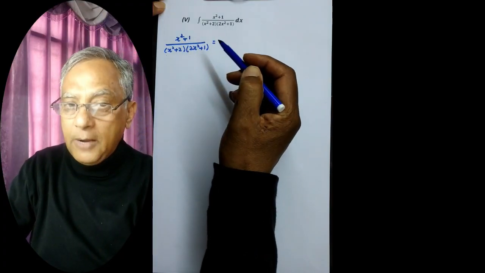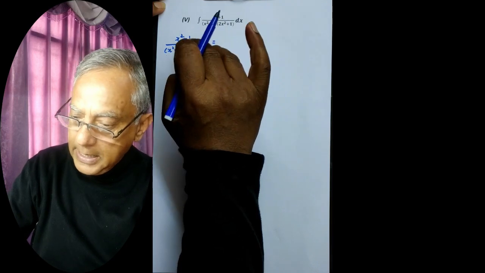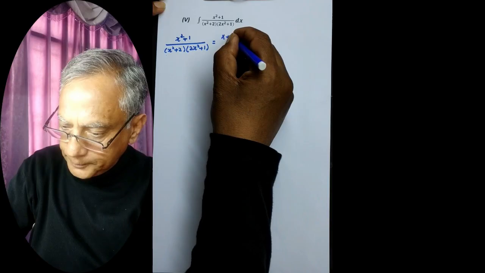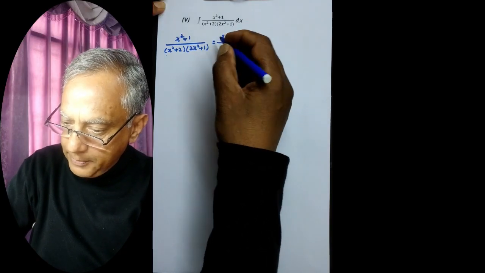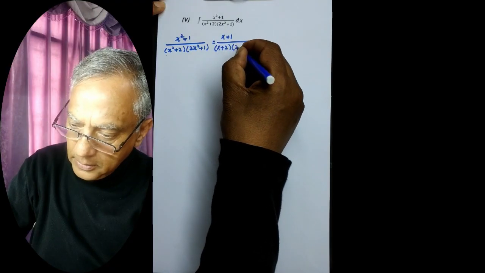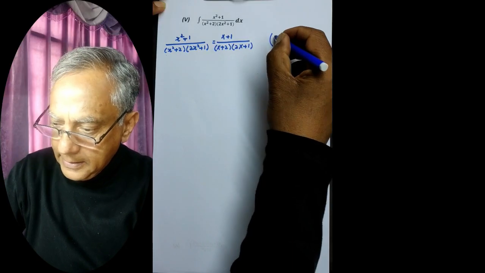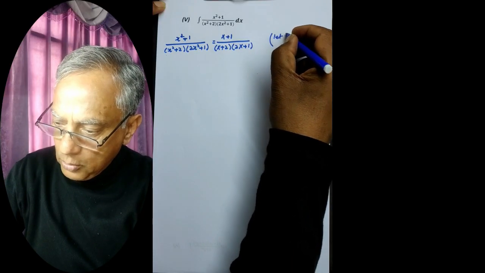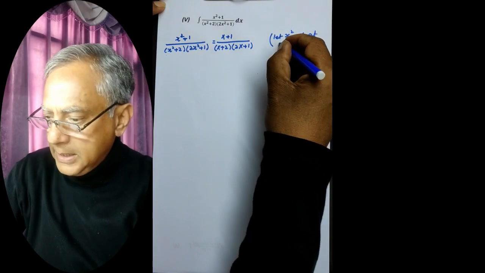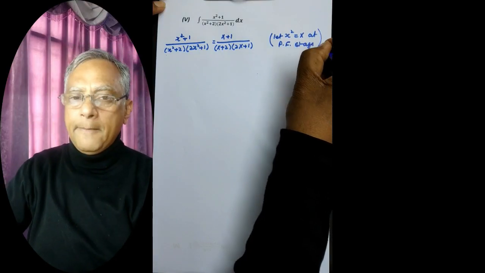So at the partial fraction stage, not at the integration stage, I can write this as x plus 1 over x plus 2 into 2x plus 1, letting x square be equal to x at the partial fraction stage. You must keep this in mind.